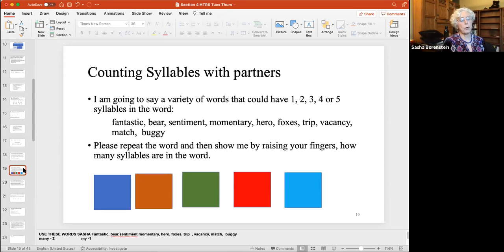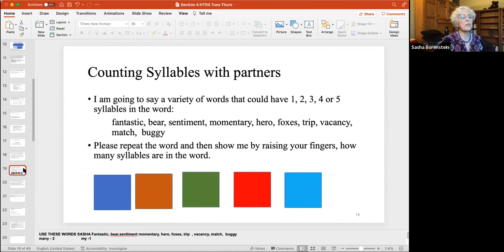And I say a variety of words, and I ask my students to tell me if it's 1, 2, 3, 4, or 5 syllable words. So let's do that. I'll say the words, I want you to say the words, and then tell me how many syllables are in that word using any method that you now know.